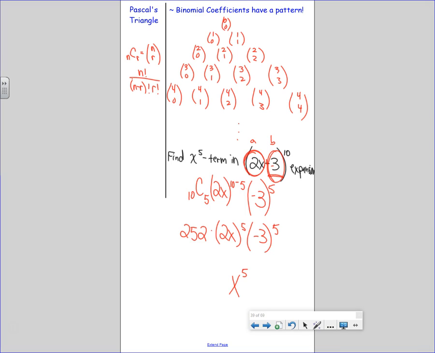Jack's coming on board. Dean's working. Was that 252? And the answer was no, but was 252 a part of it? And the answer is yes.